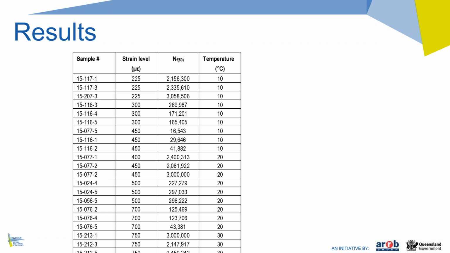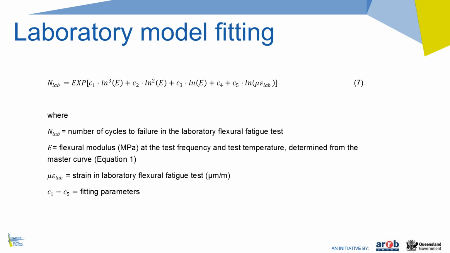So that is the laboratory fatigue model that we'll be using. It's a 5-parameter model, whereas the model used by Shell is actually a 3-parameter model. And the reason why we picked this 5-parameter model is because it is more sensitive to changes in temperature, and that is very important in Queensland.